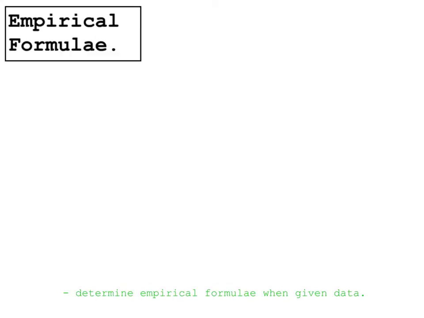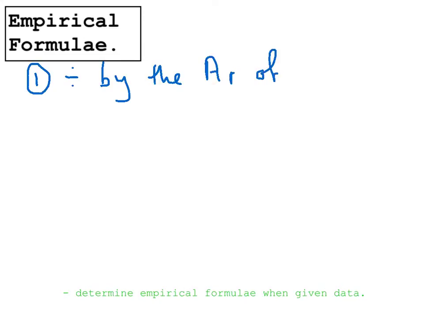The first step is to use the information that is given to you in the question. So you'll either be given percentages or masses, and these percentages and masses represent the amount of one element there is in that compound. What you have to do with those percentages or masses, it doesn't matter which, you do the same thing with either: in that first step, you divide by the relative atomic mass, the Ar, of the element it represents.